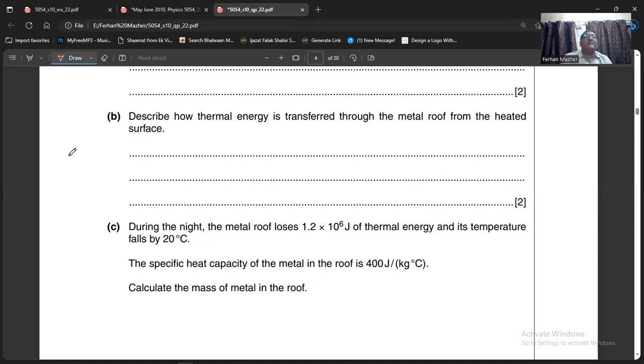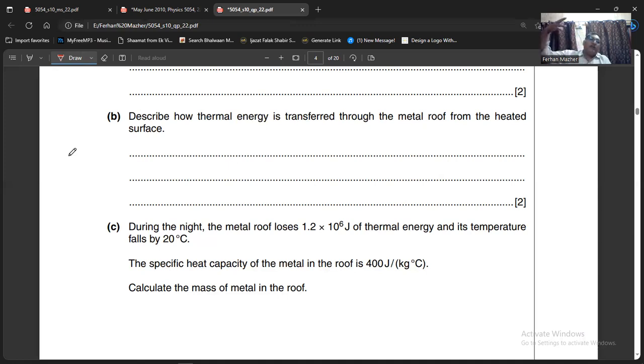Another way: because metals are good conductors of heat, they have free electrons in them. So what happens is, by free electron diffusion, the heat is also transferred from the hot end to the cold end.